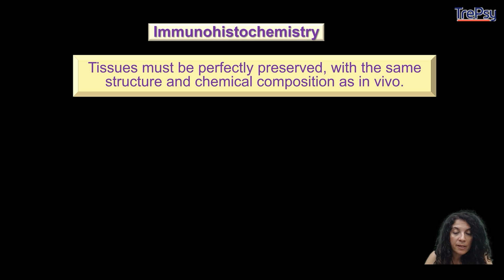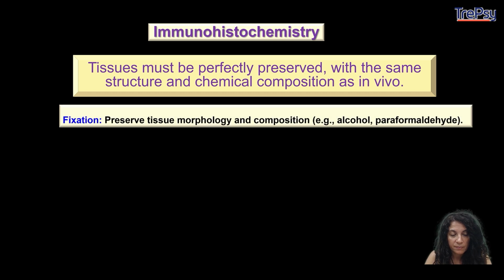To perform an immunohistochemistry, the tissues must be perfectly preserved with the same structure and chemical composition as in vivo. For that, we need to have a fixation on the tissue.